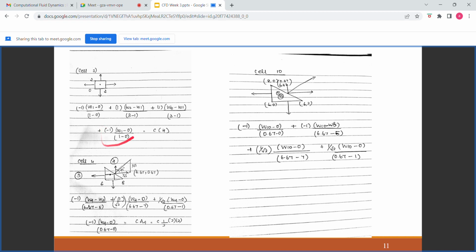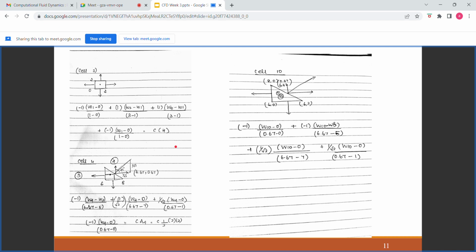And for the bottom it is minus, so we are using w1 minus 0 and 1 minus 0. Since we do not have any cells, we are using the boundary points. And this is equal to a constant c into the area of the cell. Since these are 2 in the horizontal and 2 in the vertical direction, 2 into 2 gives 4. So this is one equation, once we simplify it and put it in a form.